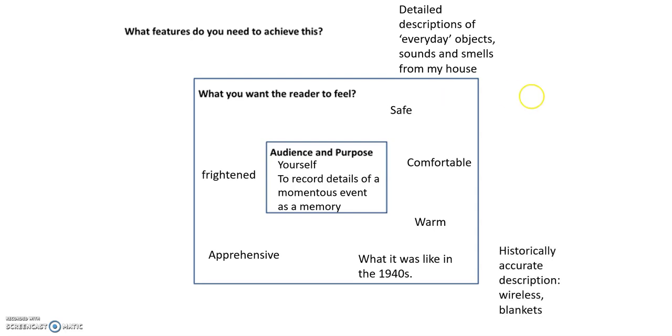I'm going to make sure that when I'm writing about the 1940s, I'm using historically accurate description. So I'm not going to call it a radio, I'll call it a wireless. I'm not going to say that I snuggled under my duvet, I'm going to snuggle under my blankets. So I'm going to make sure that I use precise adjectives to really describe what things were like at the time.